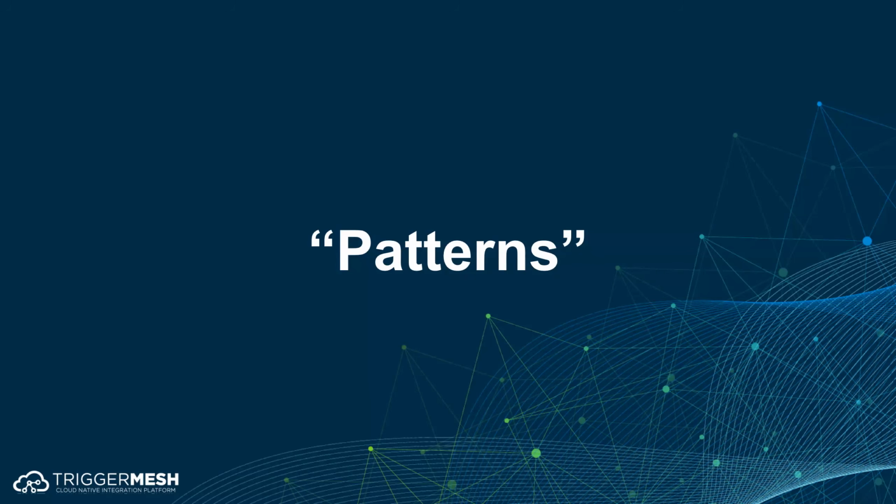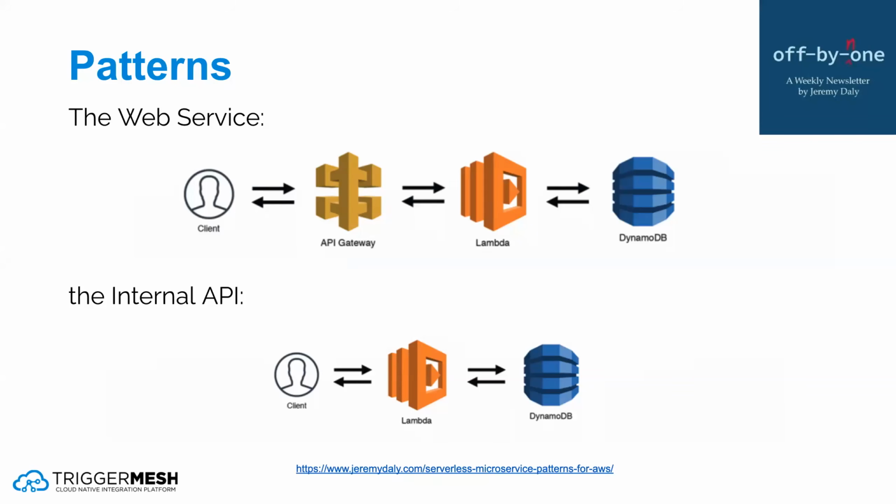So now patterns, right? The best resource I can give you for patterns is actually a paper by Jeremy Daly, who writes the Off by None newsletter. It's a little bit AWS heavy, but it's a great newsletter for people interested in serverless.